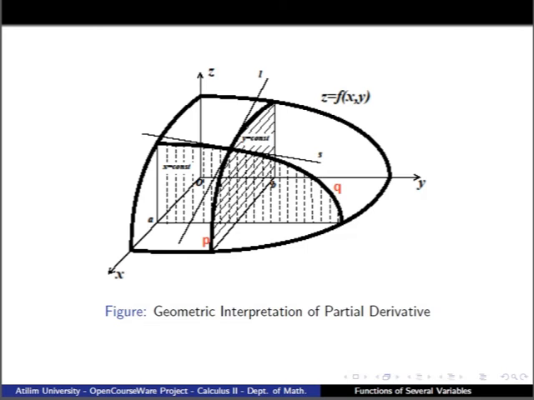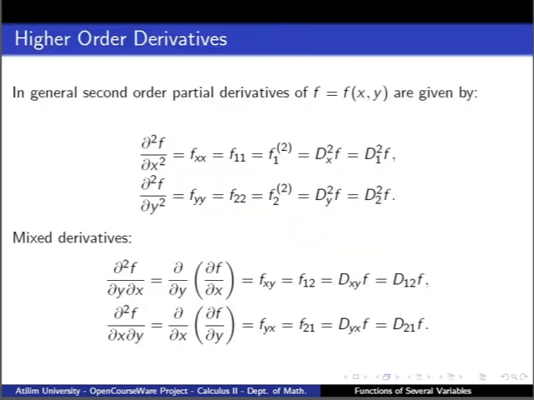If we want to say something about the higher order derivatives, in this case we say that if the partial derivative of f with respect to x can be differentiated once more with respect to x, then we get d2f over dx2, and d2f over dy2 means that we differentiate f with respect to y 2 times.